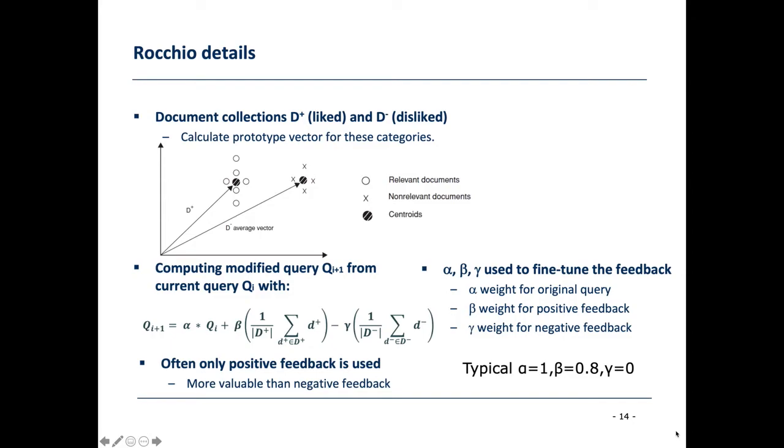Because remember, irrelevant or non-relevant documents may not always be so. Our interests do actually change with time, and we do want to get out of this sort of valley, if you will, of always getting back the same content. We want there to be this capability of introducing novelty as we go forward.